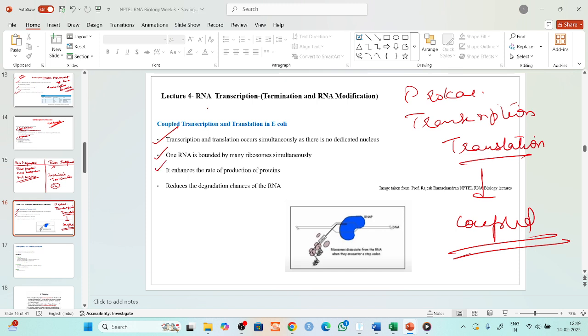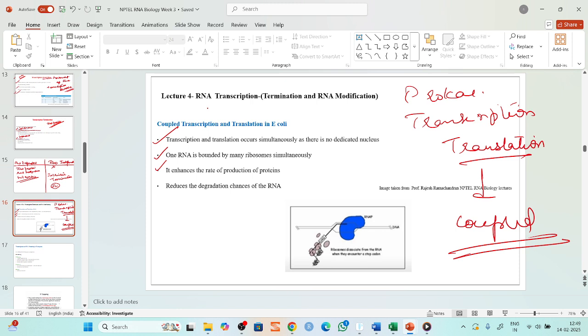Why? Because this cytoplasm has a very reducing environment, and in this reducing environment, only transcription is getting synthesized. No PTM, that is post transcriptional modifications, are also happening.